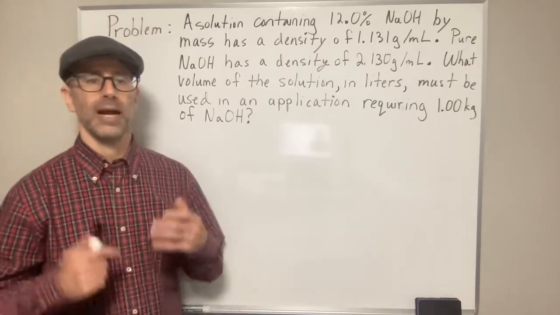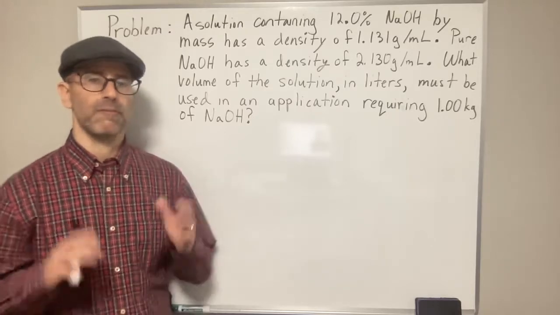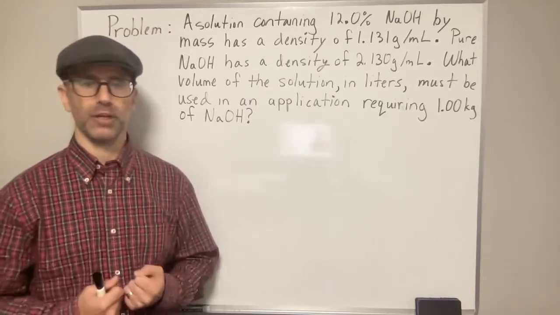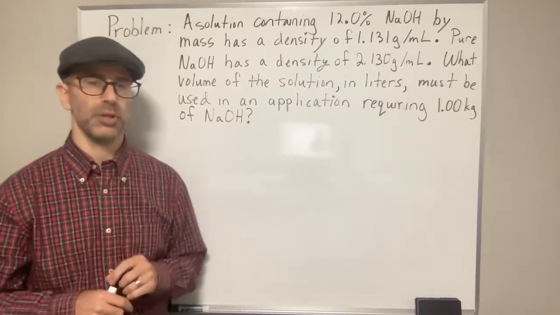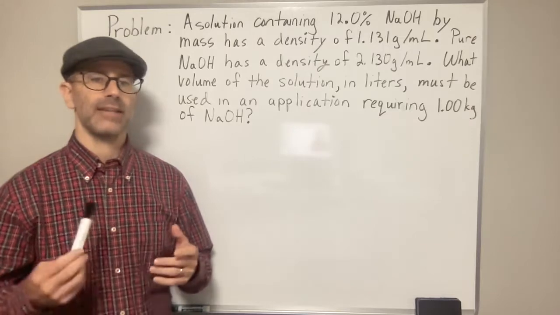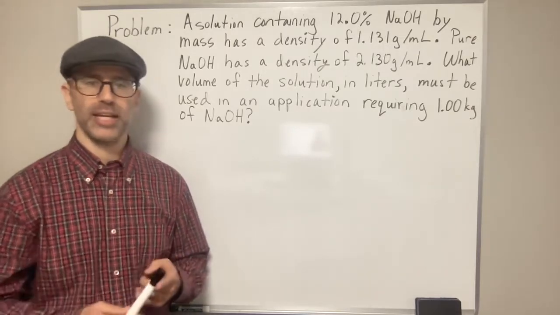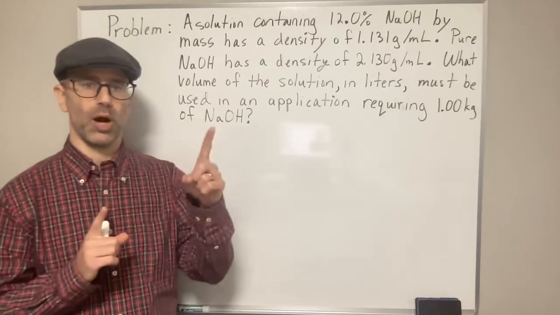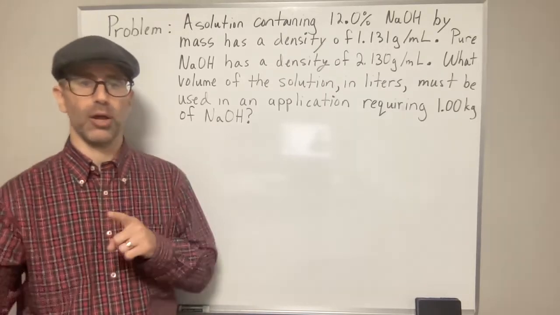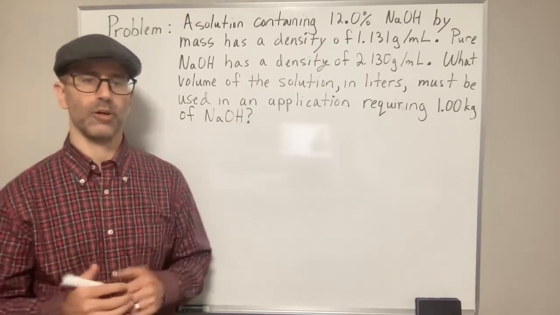Whenever you're attacking a word problem like this, the first thing you want to do is pull out the information and the relationships, because those are going to be your conversion factors. Anything like a density or a percentage, something that has two units, 1 unit per some other unit, is going to be used as a conversion factor. So pull those out first.